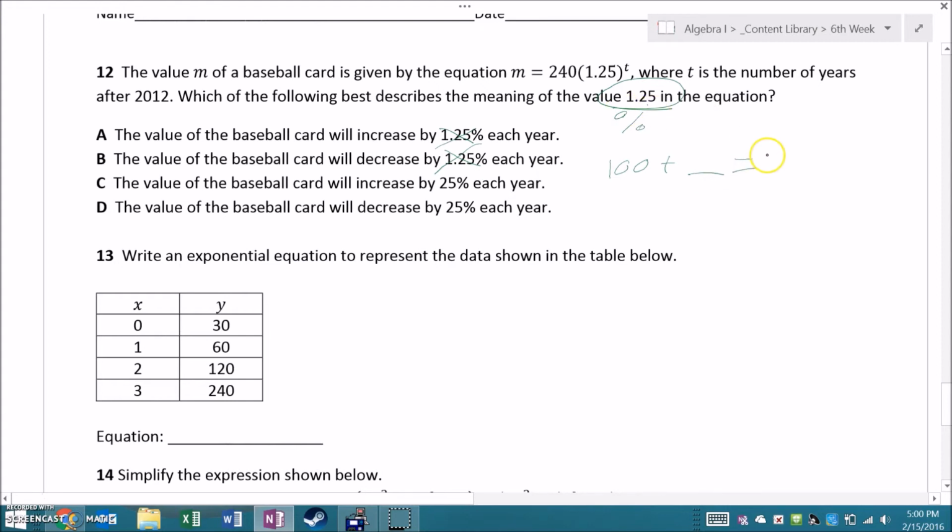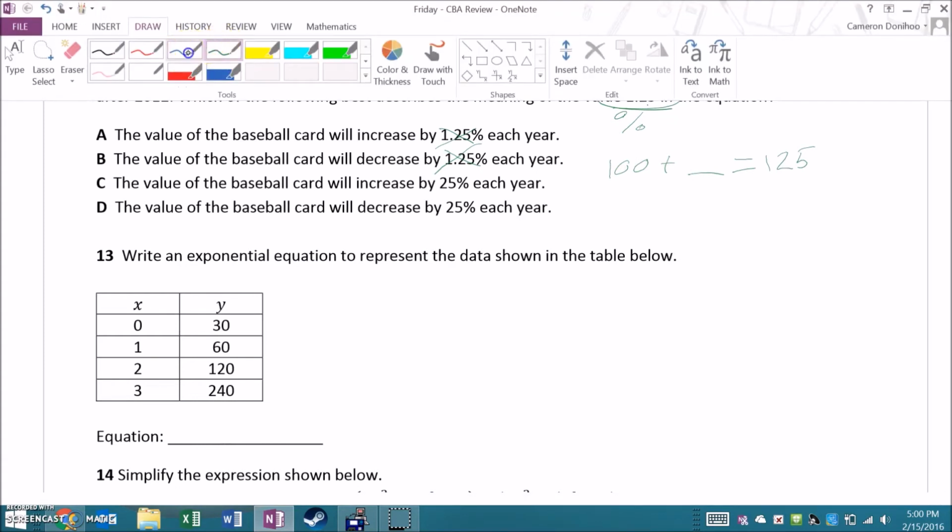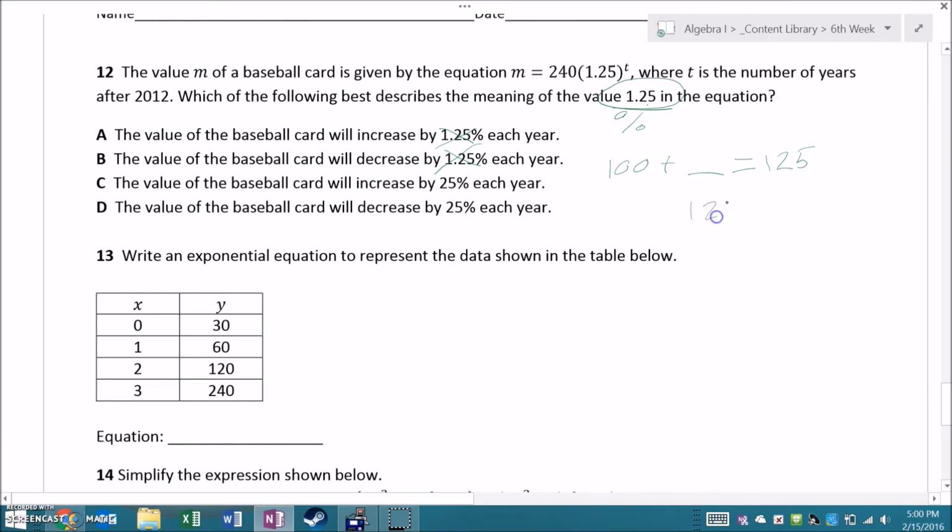Because this percent is over 100%, I know that it's addition, I know that it's growth. Now what that percent has to be, and if you want a way to calculate it, just take the 125, subtract 100 from that, and that'll tell you that 25% is really what your rate is. Because it's greater than 100, I know it's increasing, not decreasing. Because it's plus 25, it's now 25% a year. Answer is going to be C here.